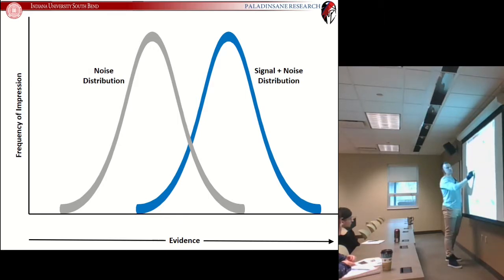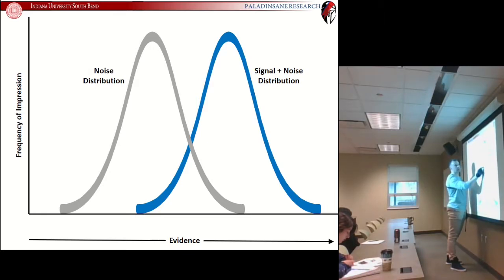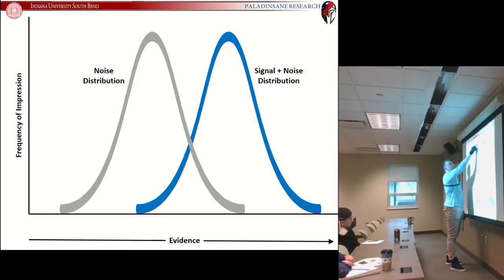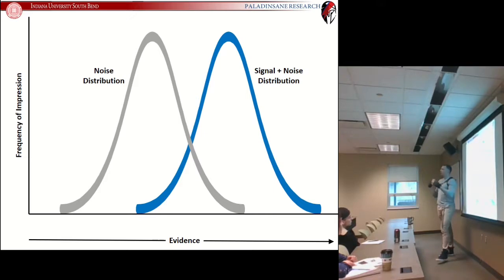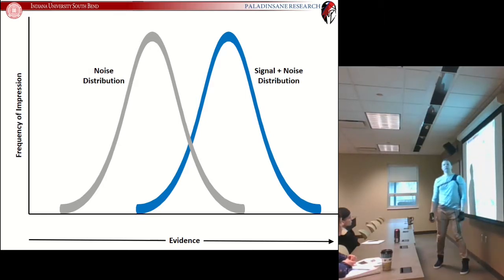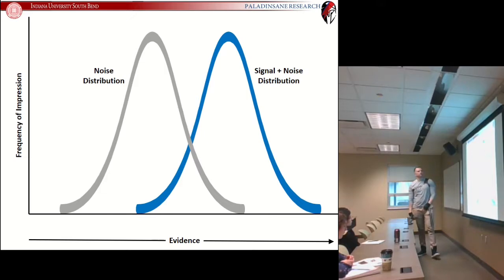If it was here when there was no sound, and somebody made a sound, your evidence would move to here. Wherever your nervous system was when there was no sound, when that sound is presented, that evidence is going to increase because of the extra evidence provided by the signal. All right, so far so good?